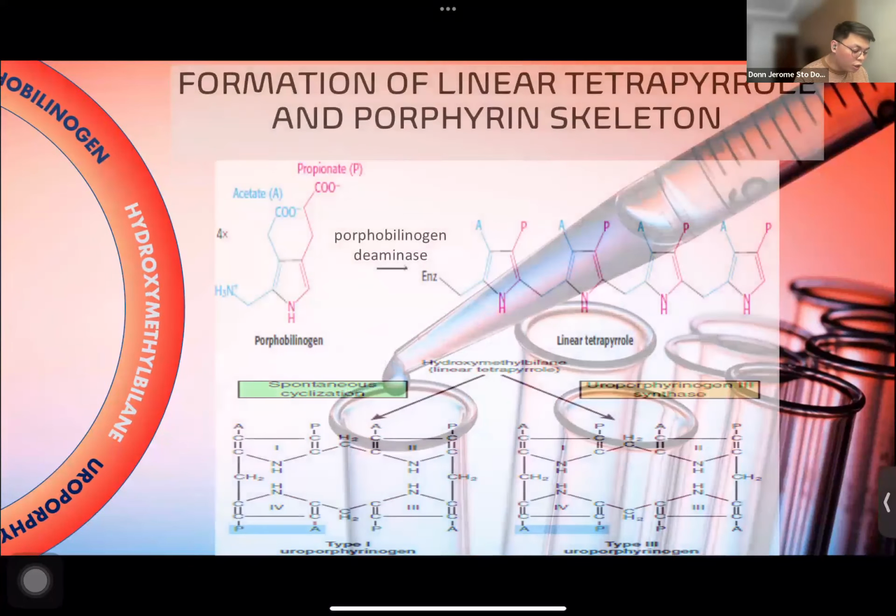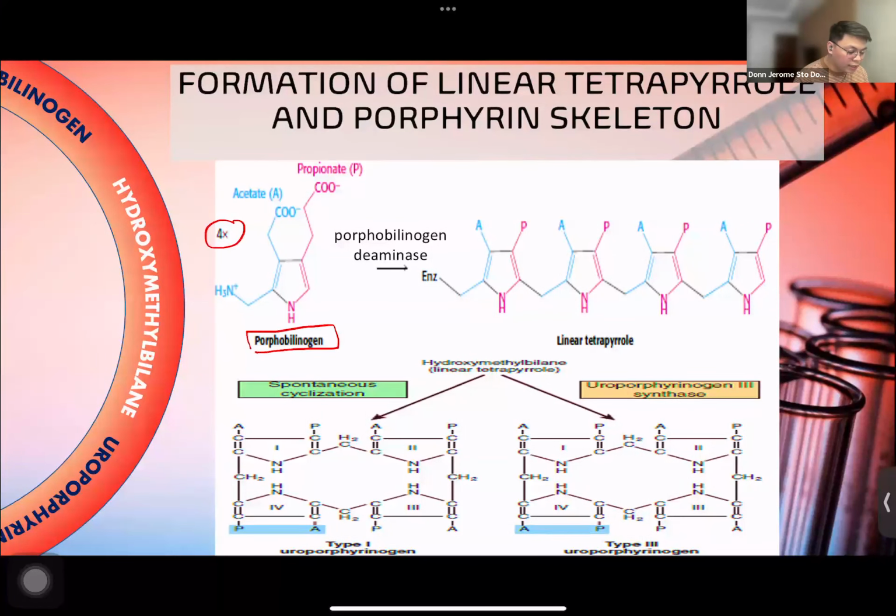Next, 4 molecules of porphobilinogen, kasi nga po sabi natin, ang porphyrin has 4 pyrrole rings, would condense to form the linear tetrapyrrole, otherwise called your hydroxymethylbilane, catalyzed by the enzyme porphobilinogen deaminase, otherwise called your hydroxymethylbilane synthase.